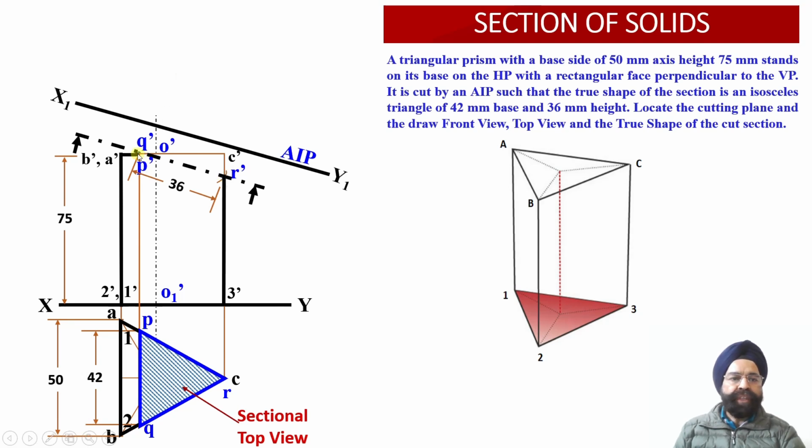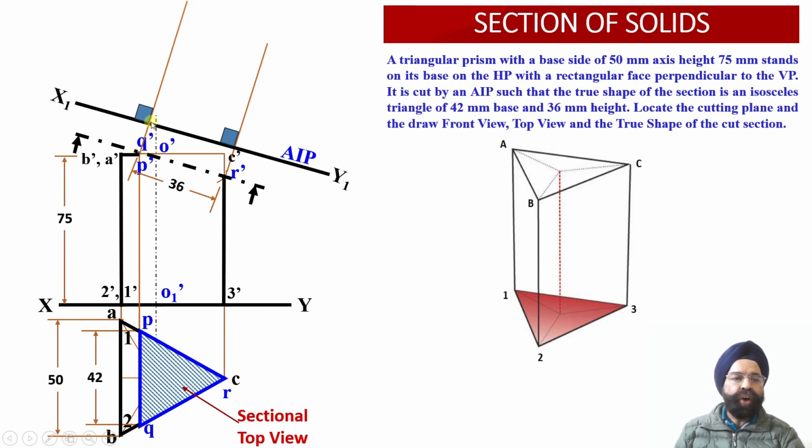From these 3 points, we are going to draw the perpendicular projectors onto this auxiliary inclined plane X1, Y1. The auxiliary plan projection view which we are going to obtain onto X1, Y1 will provide us with the true shape projections of this cut section.